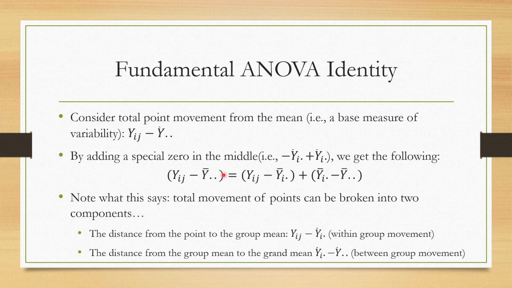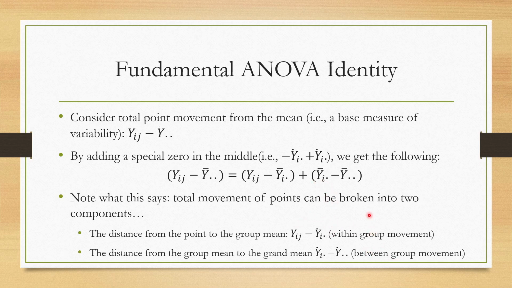So now, through this little addition of this special zero, in terms of our base measure of variability, this isn't formal variance, this is just our base measure of variability, we can see that we can break down the total movement of the points from the grand mean into these two components. The movement of the point to the group mean, this first one in parentheses, is called the within group movement, because again, it's just looking within the group.